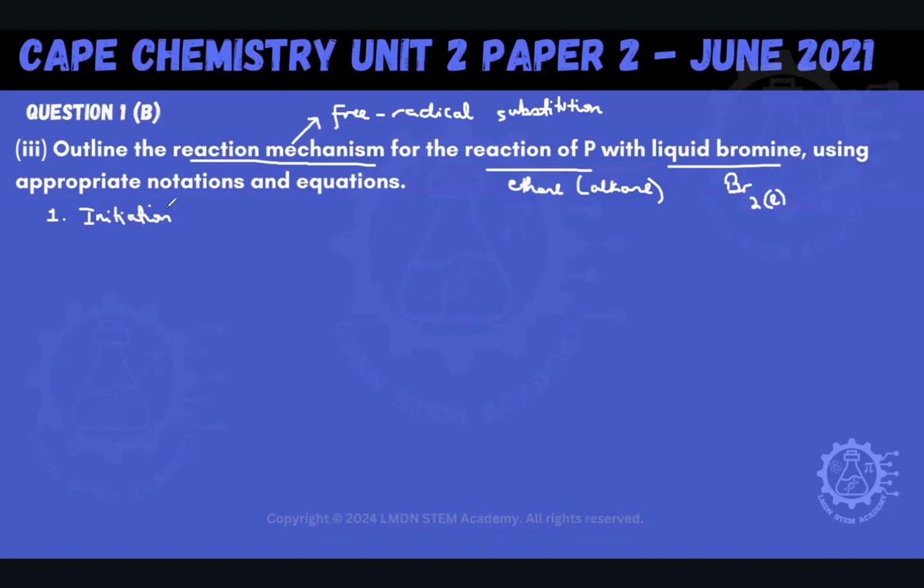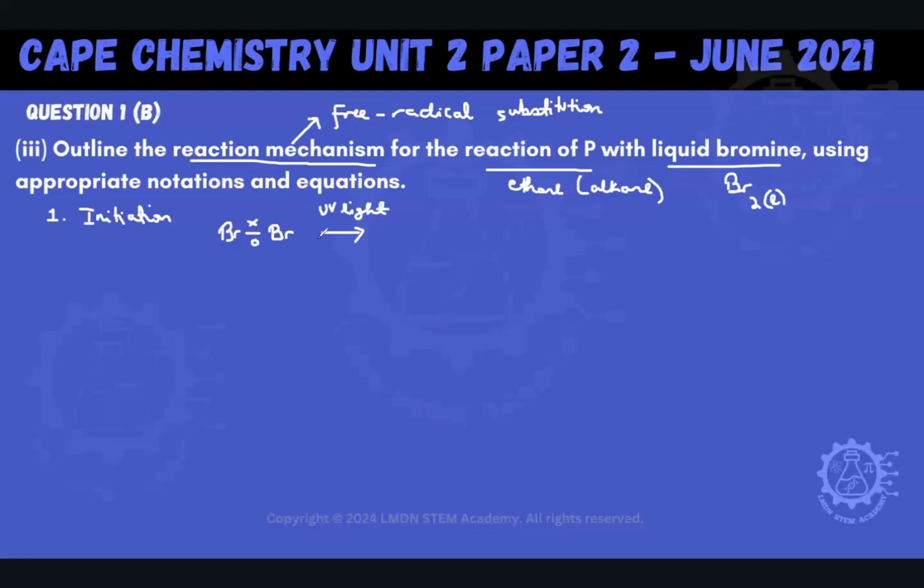In the initiation step, here's what's happening. We have our Br2, our liquid bromine, Br-Br, and it's covalently bonded. Now, in the presence of sunlight or UV light, which we normally write above our arrow, we need that for this to happen, for anything to happen here.